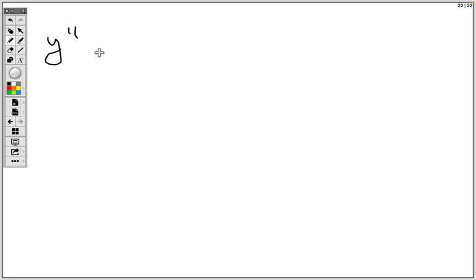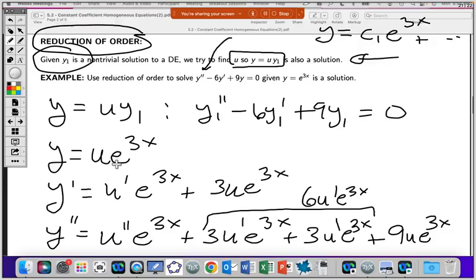y double prime minus 6y prime plus 9y equals 0. Let's stuff this in.